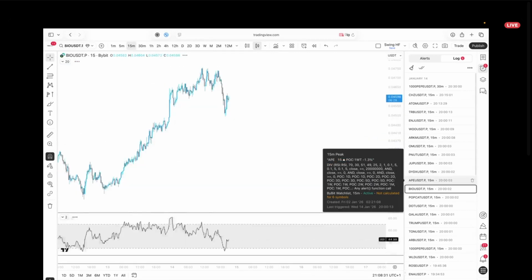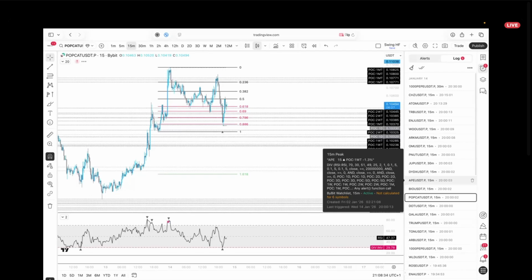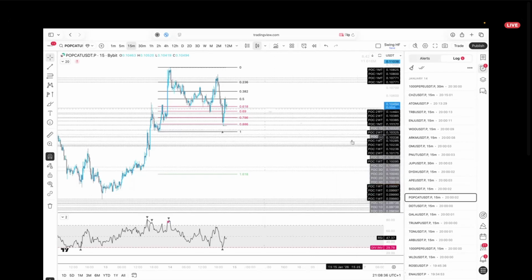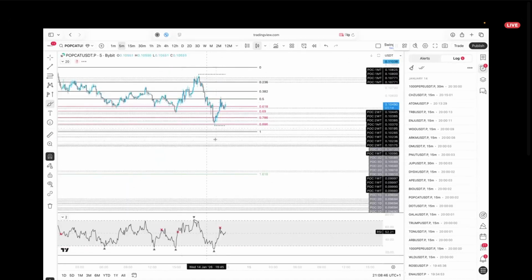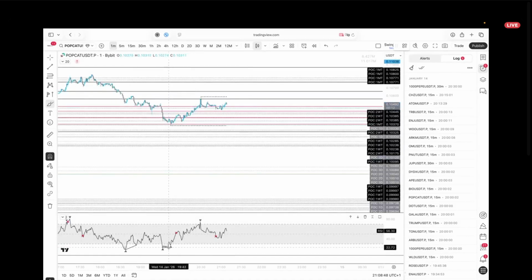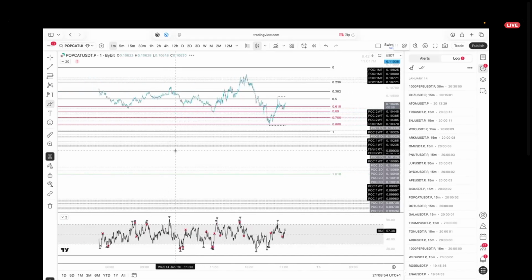DYDX. Let me know if you have any chart requests in the meantime. Then we had this on PopCut, where we grabbed this low here. It was good to position it on this POC. By the way, we didn't have the confirmation on the RSI. Let's see on the 5 minutes. No, even here was a peak, and even here. Okay, this was a free dive on 1 minute, but very, very risky.